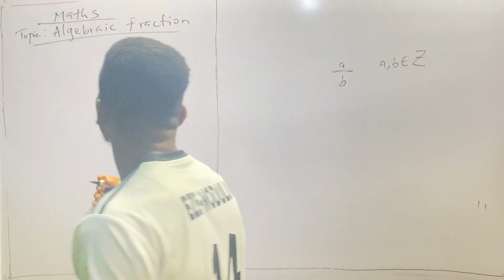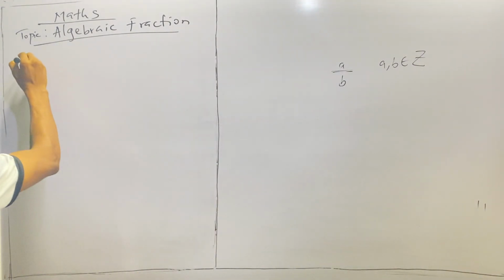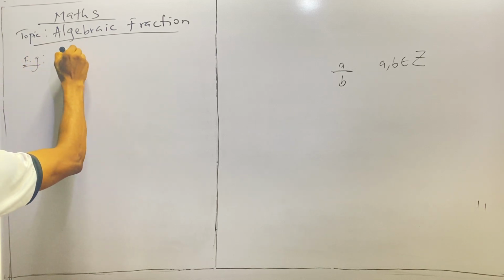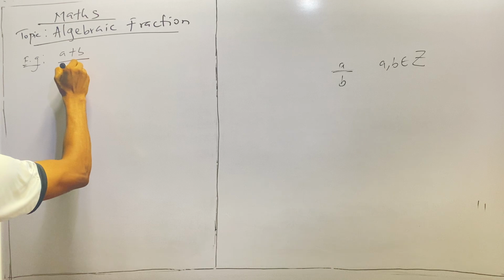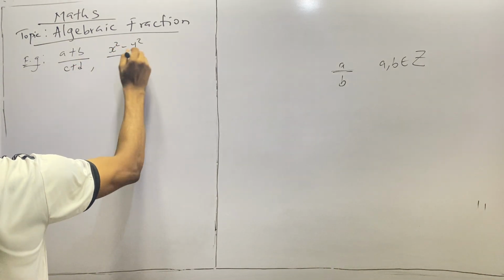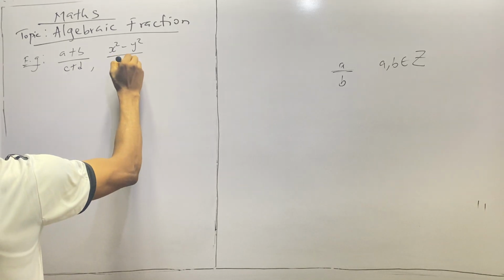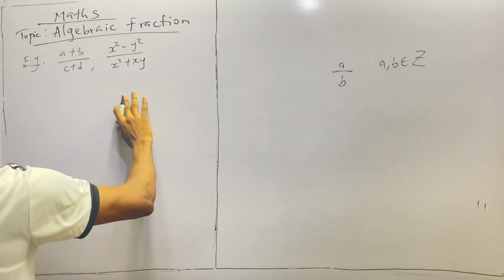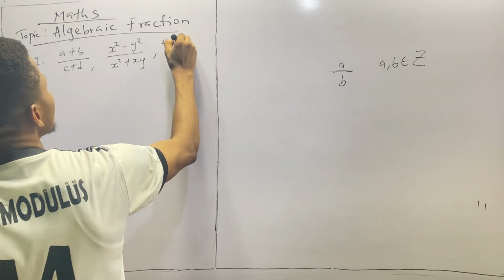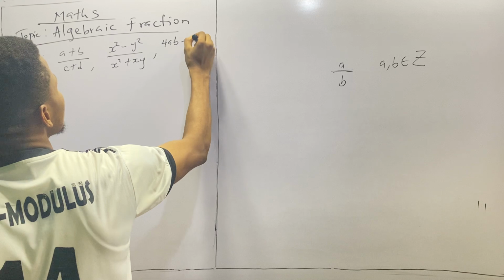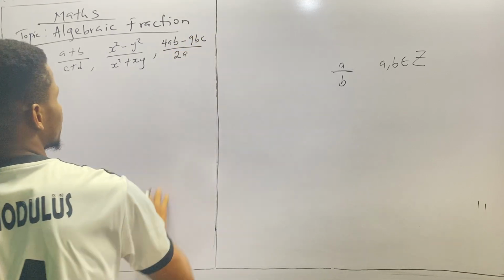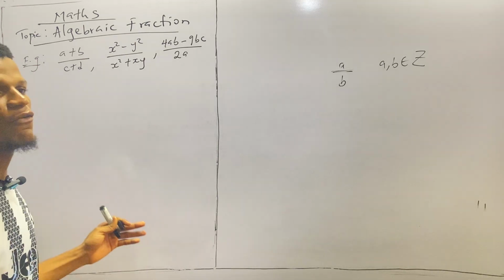Examples of algebraic fractions are a plus b over c plus d, x squared minus y squared over x squared plus xy, 4ab minus 9bc over 2a, and so forth.